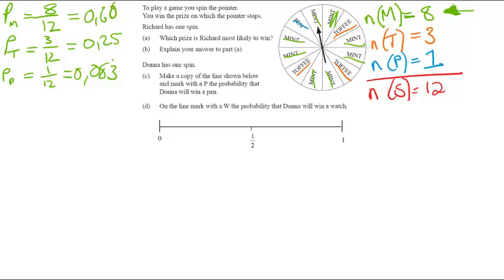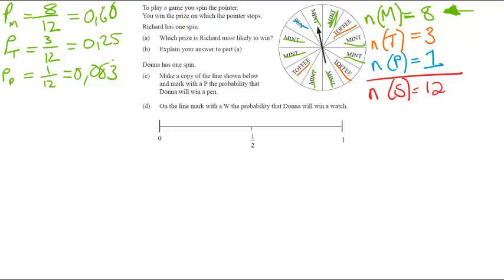Therefore, the probability of getting a mint is 60%, most likely to happen, versus toffee at 25%, and a pen happening at 0.08, so that's an 8% chance of that happening.